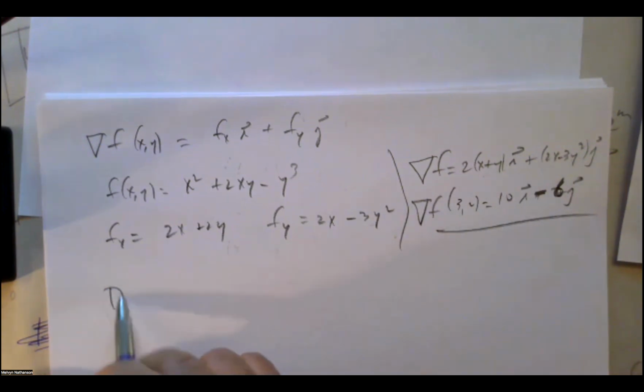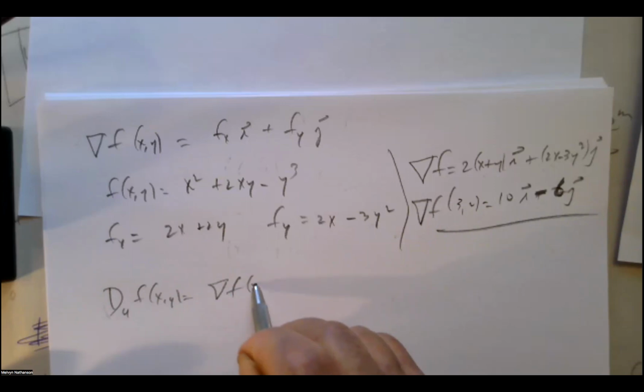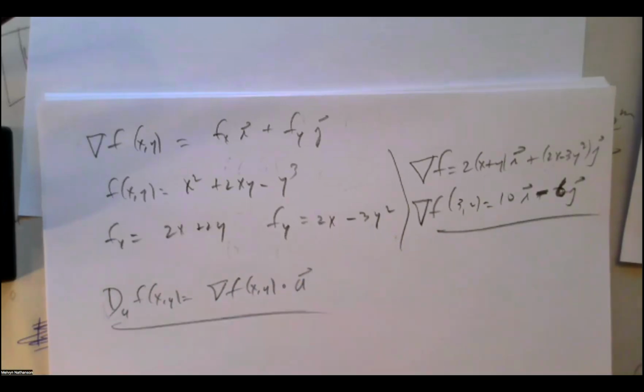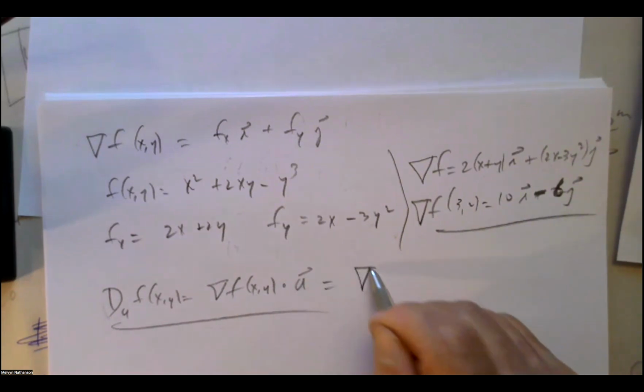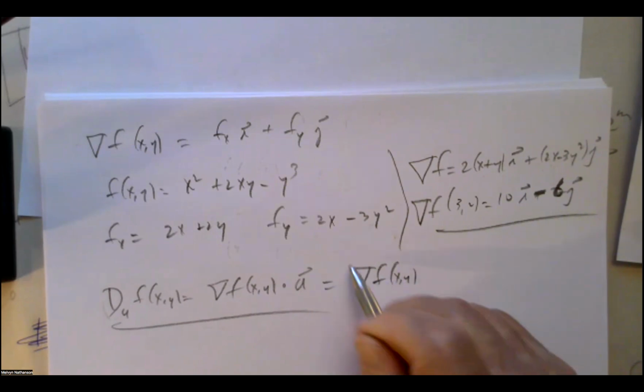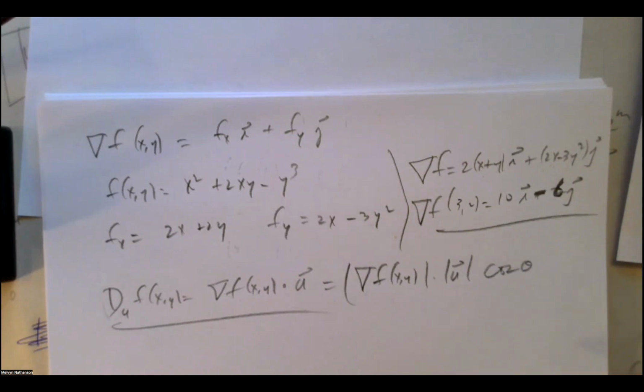Now, this formula, that the directional derivative of f in the direction of u is the gradient of f dot product with u, tells us a lot geometrically about the gradient, because we know that the dot product of two vectors is the length of the vectors times the cosine of the angle between them.